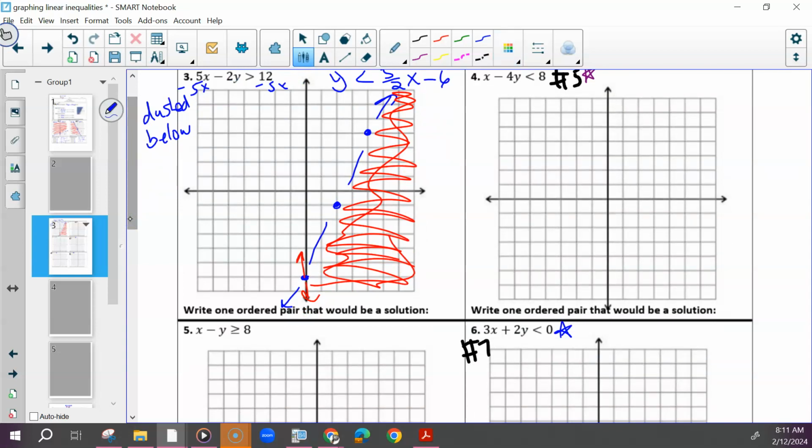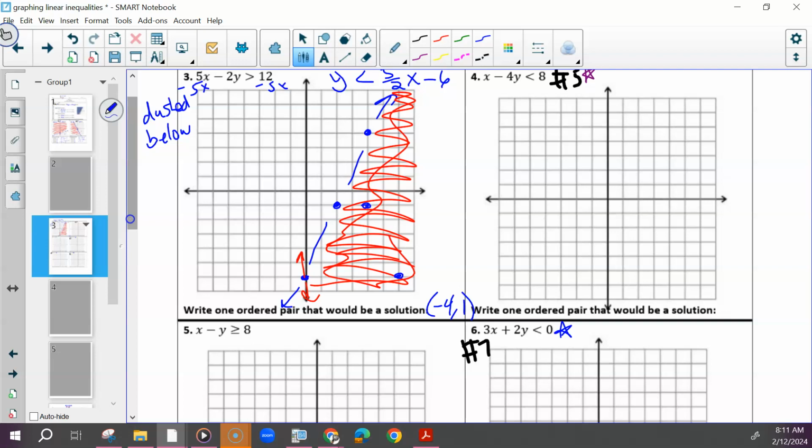Someone give me an ordered pair that would be a solution. -1, 4. Would that be a solution? Or the 4, negative. 4, -1 would work. Someone else give me a different solution. 6. Sure, that would work.